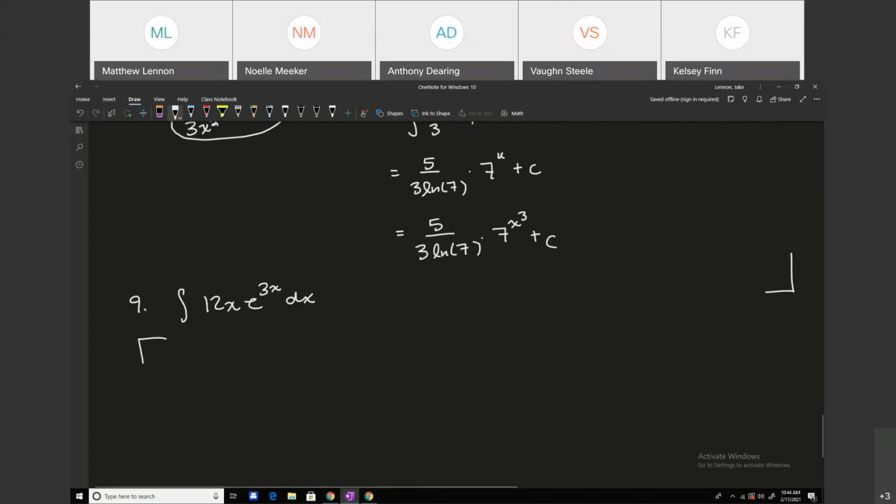For this setup, when you have a polynomial times an exponential, usually the polynomial is what becomes u, and the exponential becomes the dv. So du would be 12 dx, and v would be 1/3 e to the 3x.